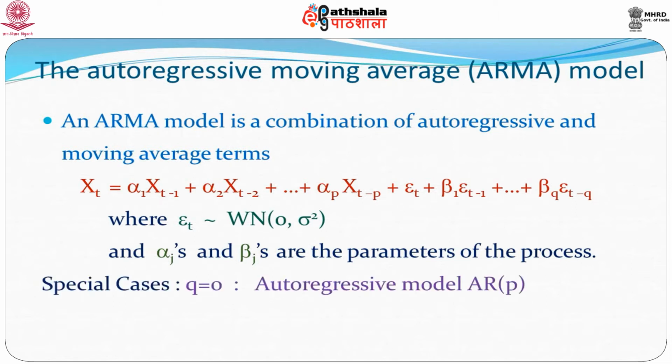Then obviously, the innovation part is not there, and we have an autoregressive model of order p. Of course, epsilon_t stays and it acts as the error in the model. On the other hand, we can have p equal to 0, in which case you just have the innovations and we will end up with a qth order moving average process.